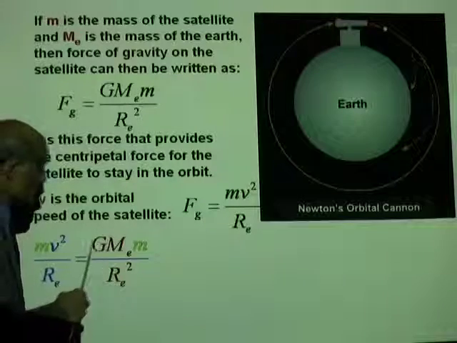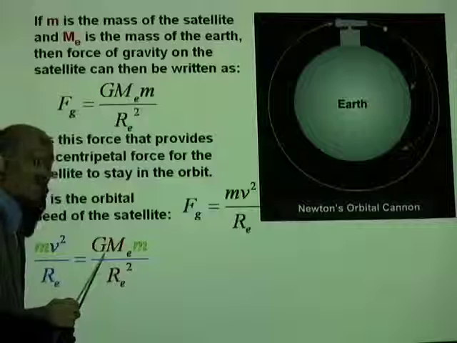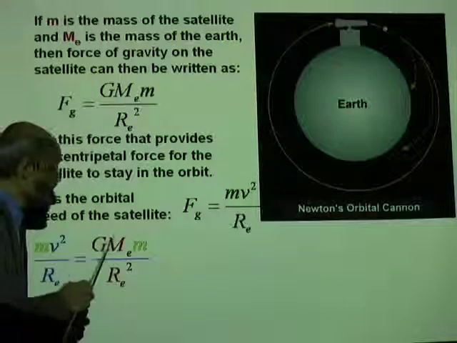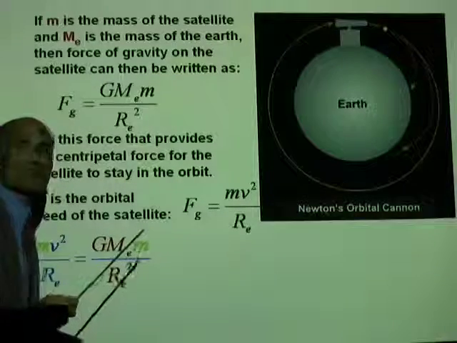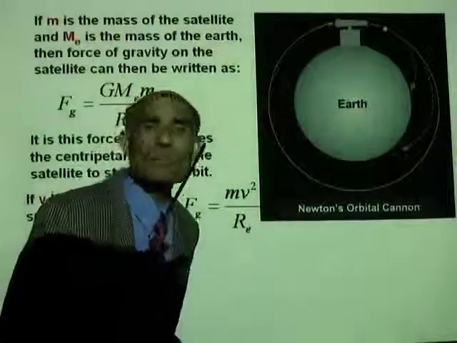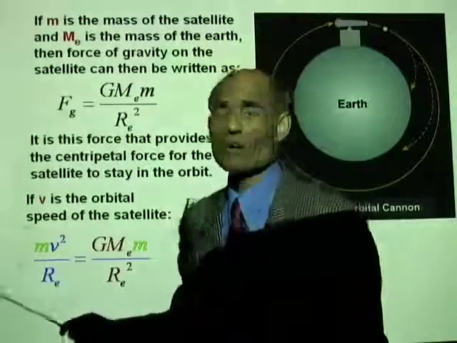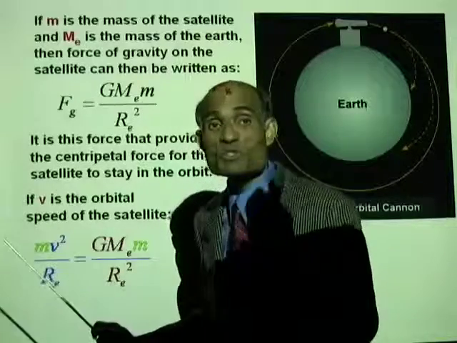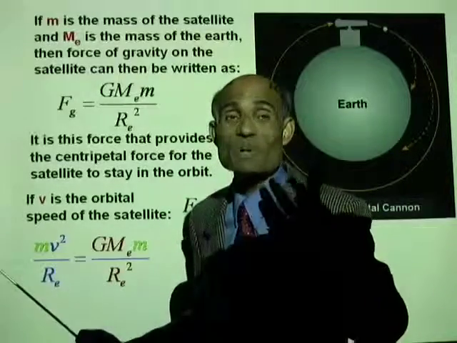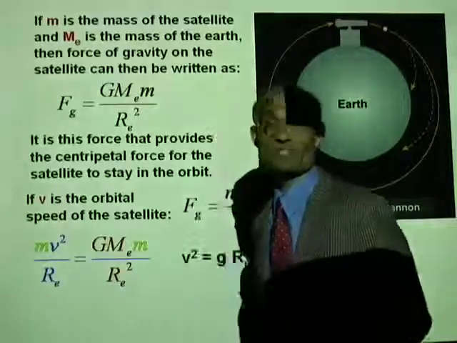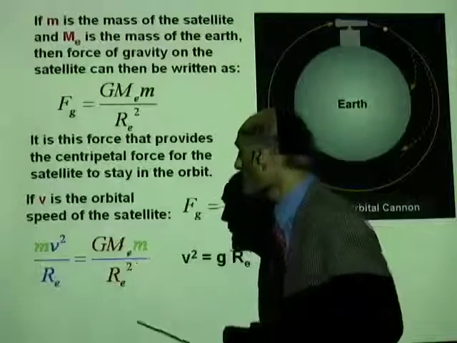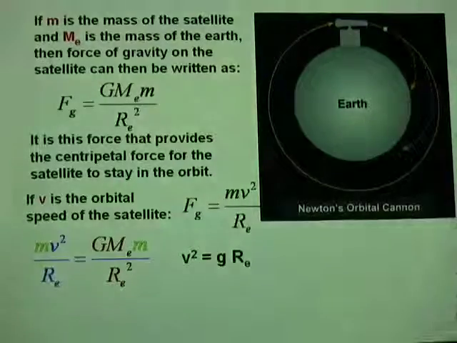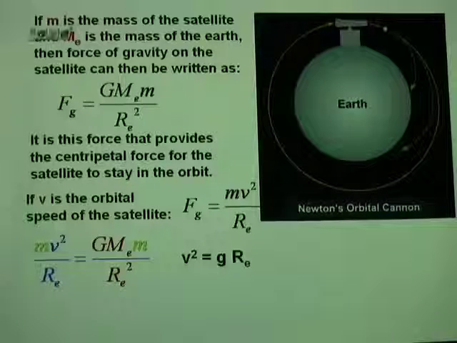And do you remember, I told you I will ask you, we said G ME can be replaced by a more familiar quantity. What is G ME equal to? It will be small g times RE squared. Let's do that. Watch me do that.